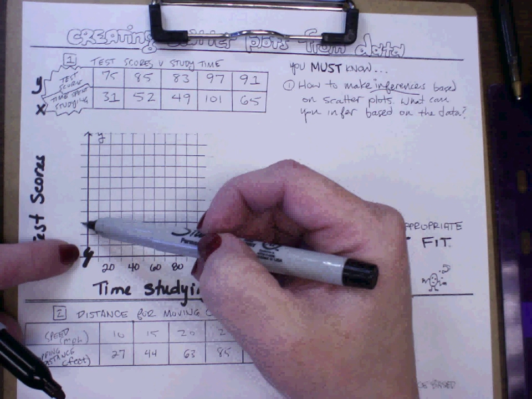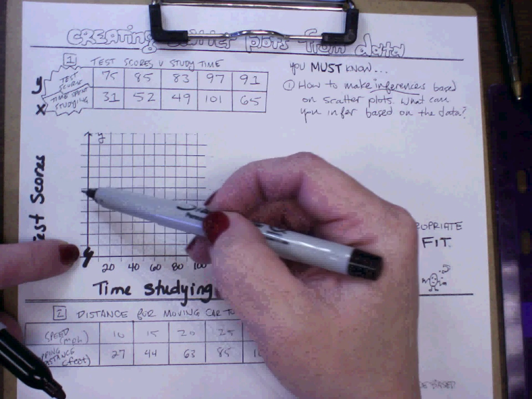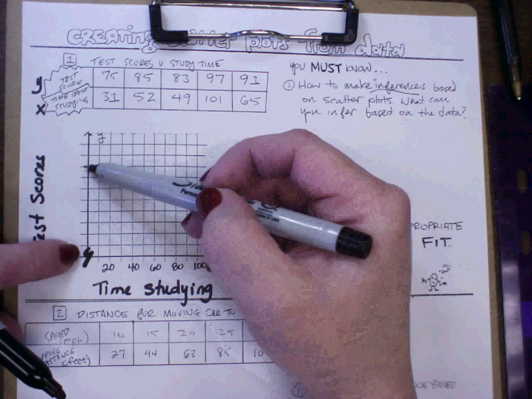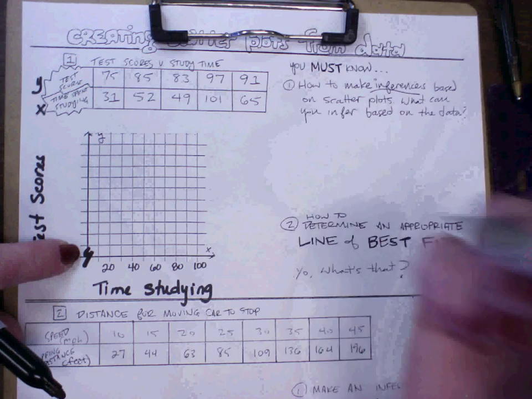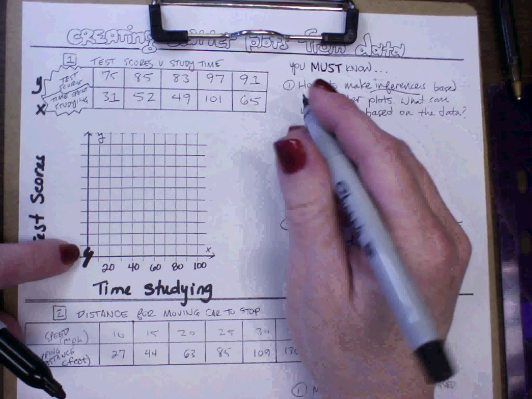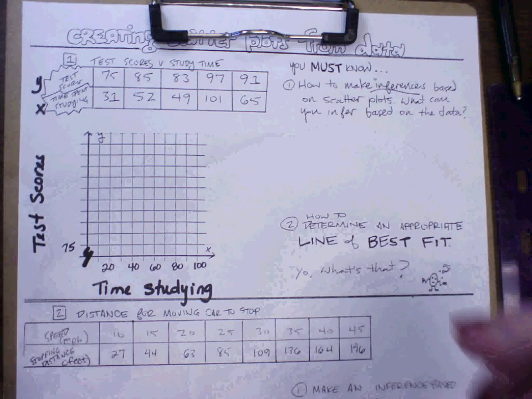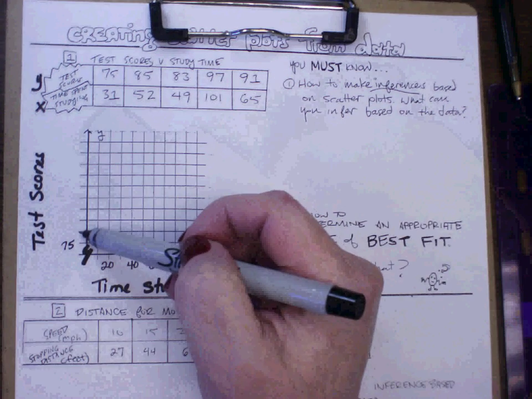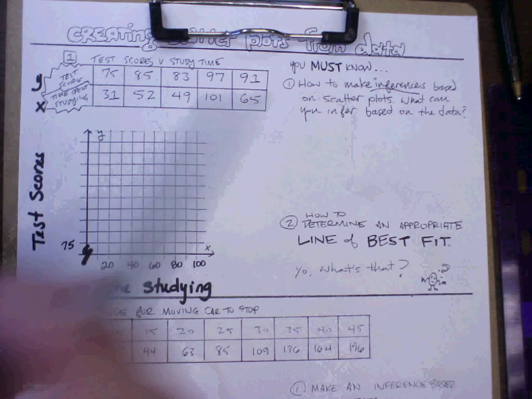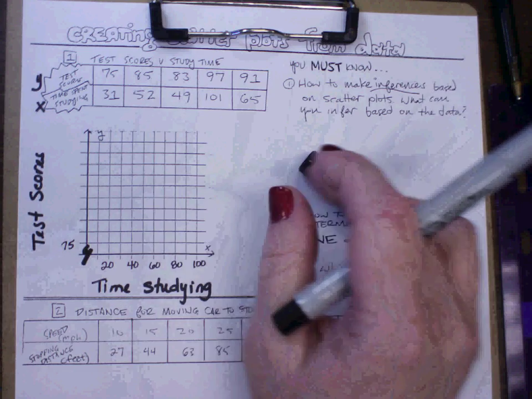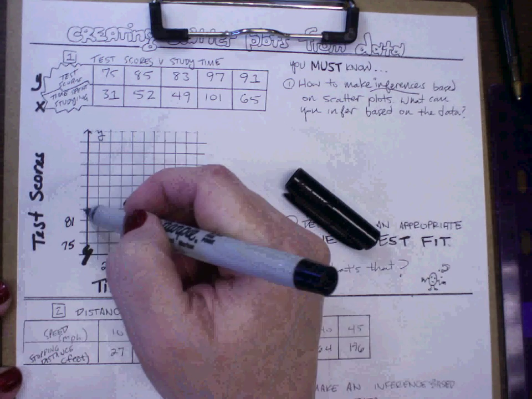All right, so 75 and 3 would be 78, 81, 84, 87, 90, 93, 96, 99. So that might be my best bet. All right, so let's go ahead and do it. 75. I'm not going to write all the numbers, right? The next one will be 78, and then 81.